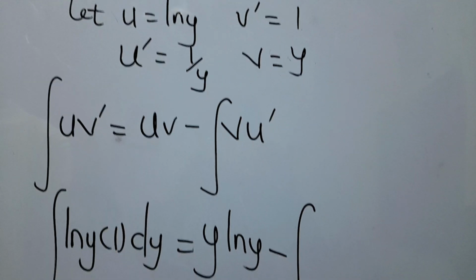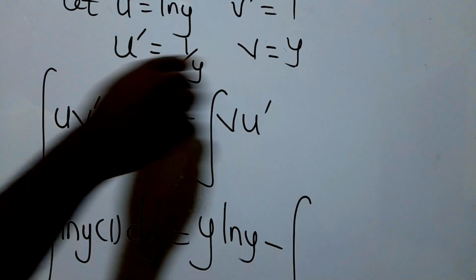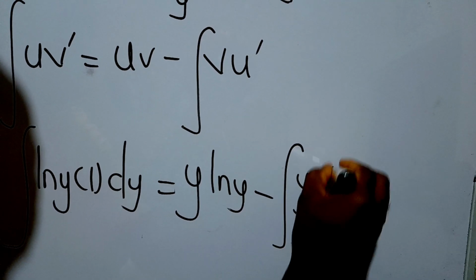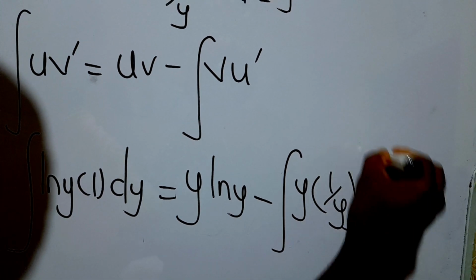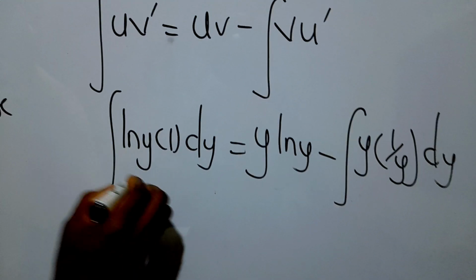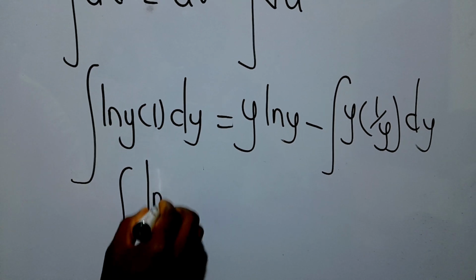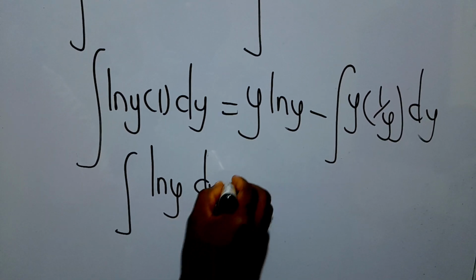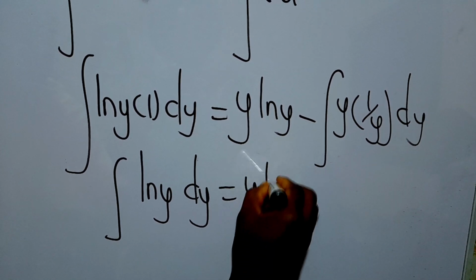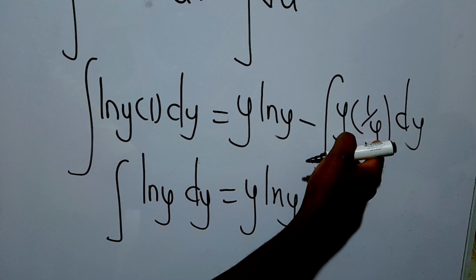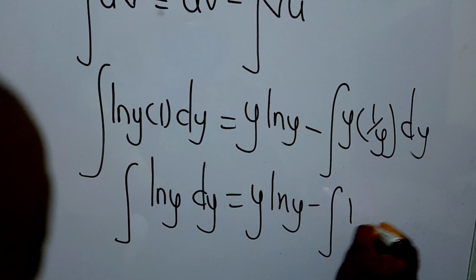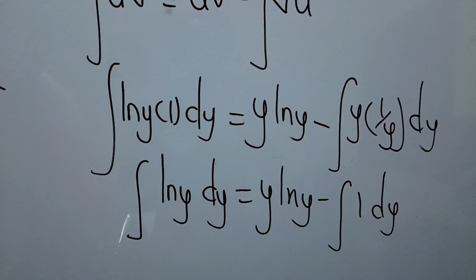What's our v? Our v is y, and our u prime is 1 over y. So we have y times 1 over y dy. When y multiplies 1 over y, we'll be left with only 1, so 1 dy.